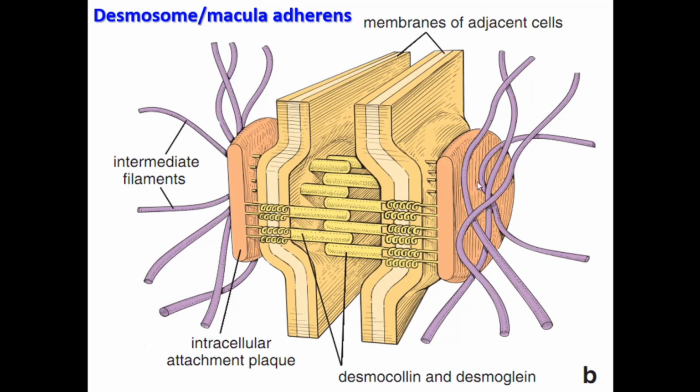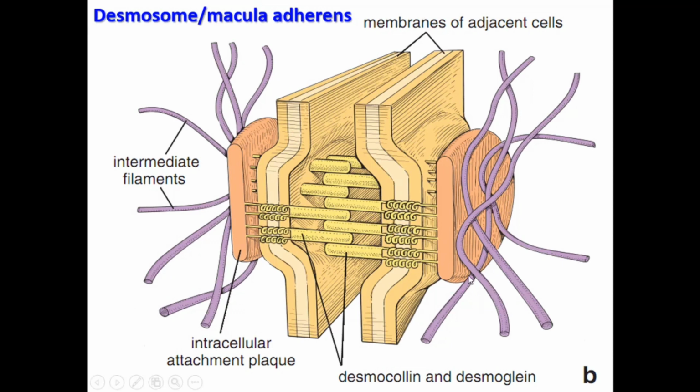You see the desmosome junction is not like a belt, it's not a zonula, it's a spot-like structure, and this junction also doesn't seal between the two cells, and we have a distance between the two cell membranes.